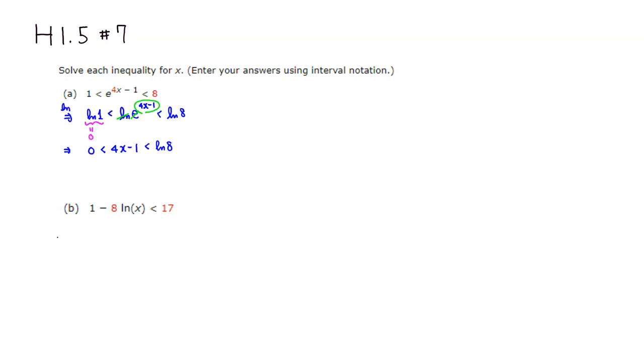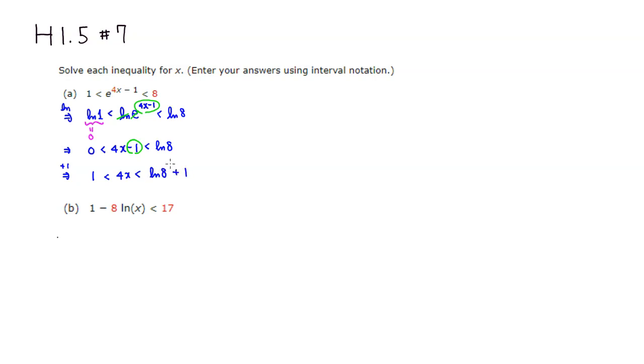So the next step, we want to get rid of this minus 1 here, so I'm going to add 1 to everyone. 0 plus 1 is 1, and then the 1s cancel out, so you have a 4x, and then we have natural log of 8 plus 1.